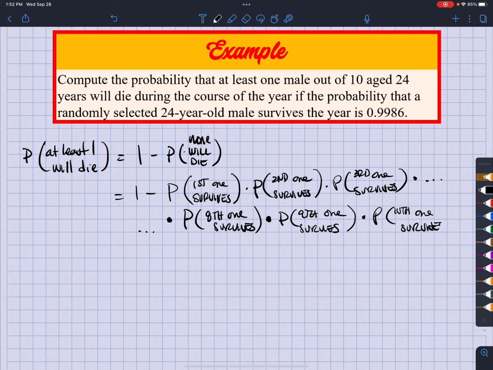Why did I go all the way out to 10? Because it says 10 males, so I had to do all 10 of them. So it's 1 minus all that.